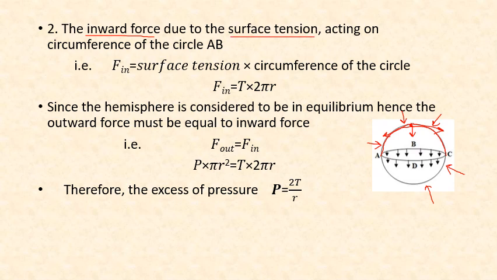From the definition of surface tension we know that it is force per unit length. Therefore we can write the inward force F in equals surface tension into length. Instead of length we take the circumference of the circle, so F in equals 2 pi r into surface tension T.